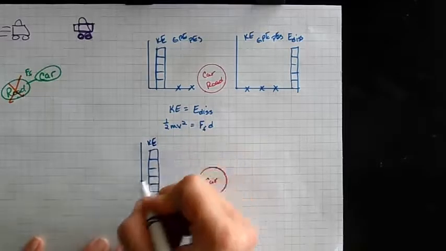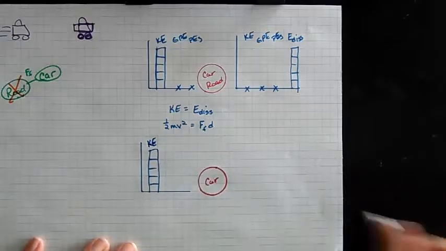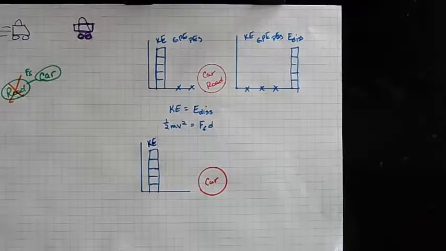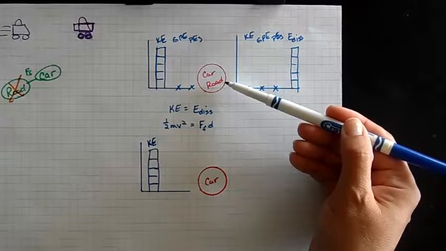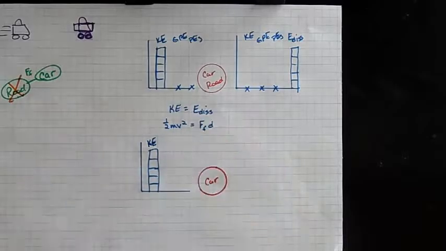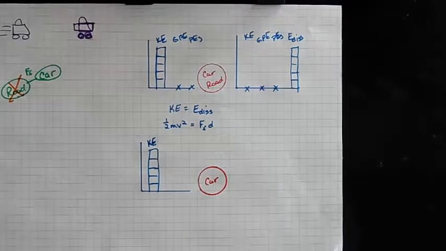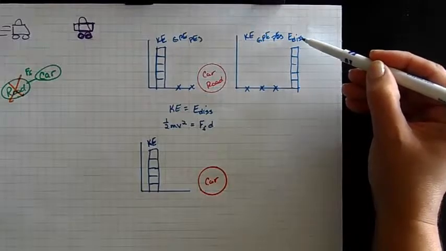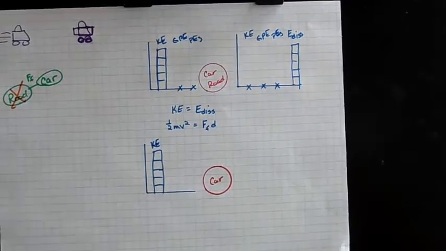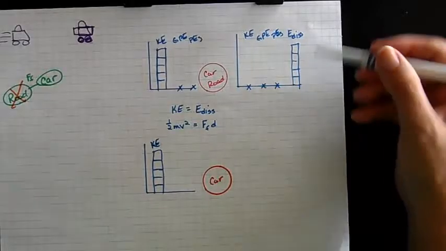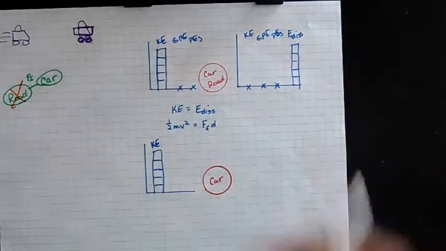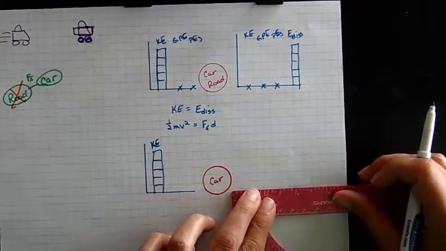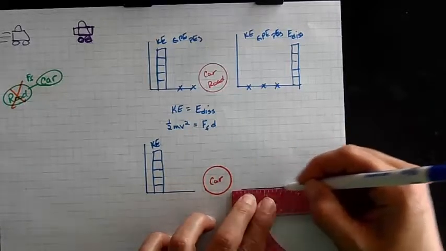All right, so we have our kinetic energy over here because our car is moving. Now, here's the thing. If the road is not a part of our system, what is the road doing? Because we've lost that kinetic energy. But since we don't have the road as our system, we can't say that that energy is still a part of our system. So if the road is not a part of our system, this energy isn't a part of our system anymore.